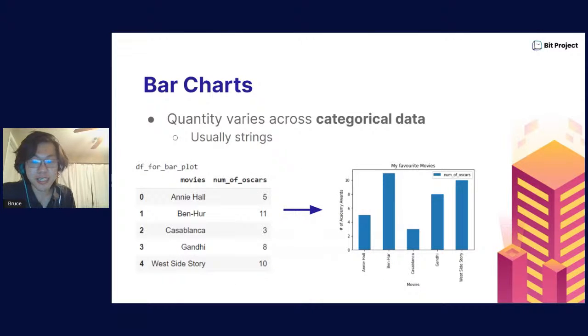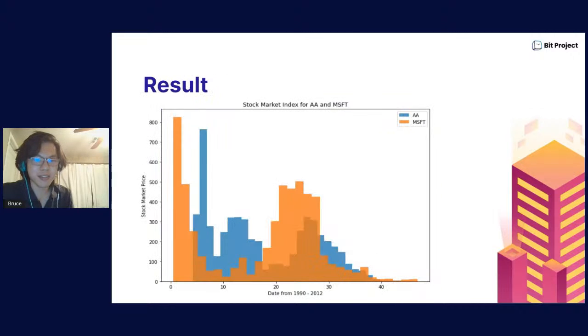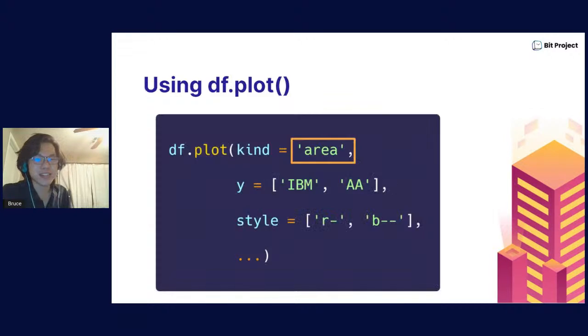And then bar charts. Bar charts are a little bit different. We actually had to come up with a different example for this because bar charts plot quantities across categorical data. Histograms are different because we're counting frequencies of different numerical values and ranges.